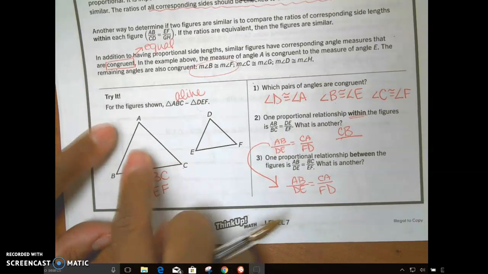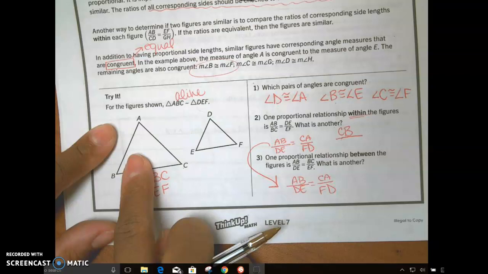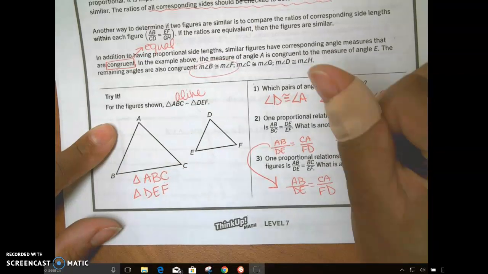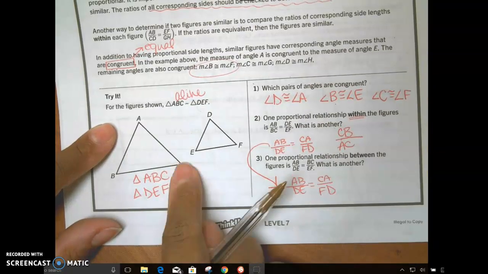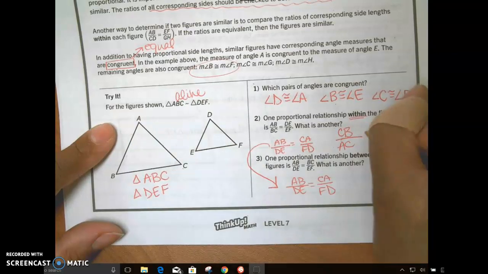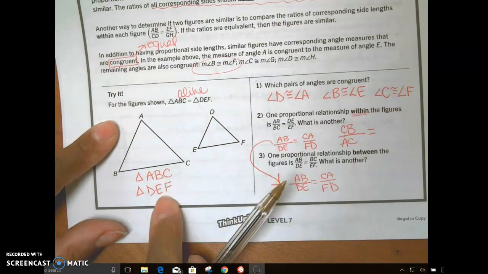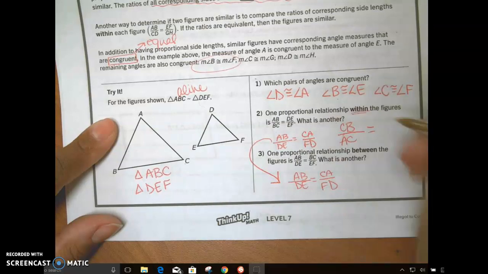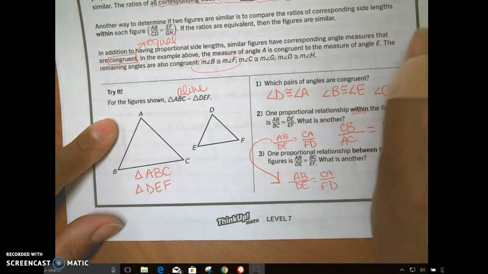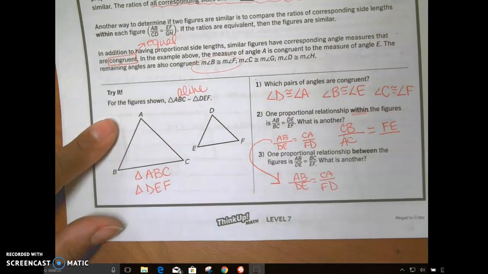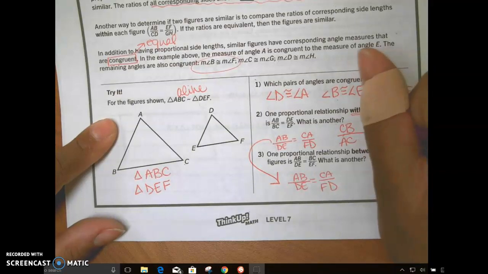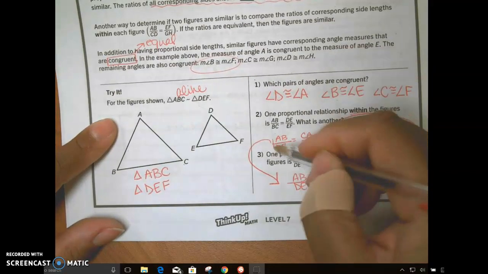I have to stay within one shape. A and C. Okay, AC. So CB and AC is the same as, who is CB on this shape here? FE. And who is AC on this shape over here? DF. Good. This is the one that we need here. Cross this one out.